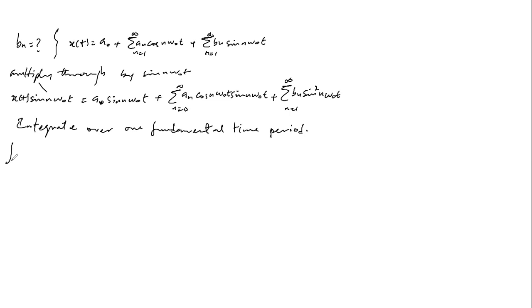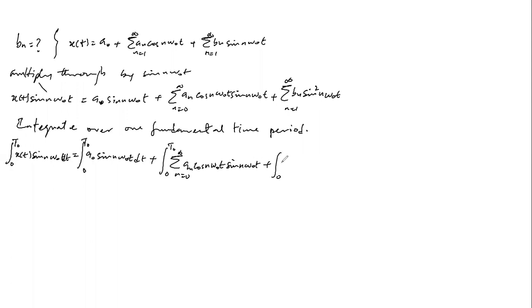So that will be the integral from 0 to t naught of s of t sine n omega t dt, equals a naught times the integral to t naught of sine n omega t dt, plus the integral of the summation of an cos n omega t sine n omega t, plus the integral from 0 to t naught of the summation n to infinity of bn sine squared n omega t dt.